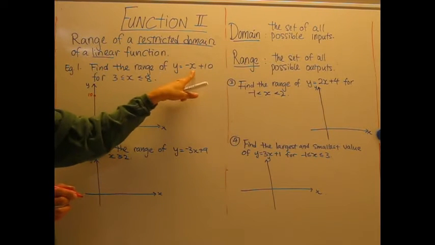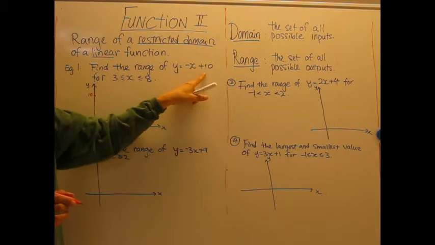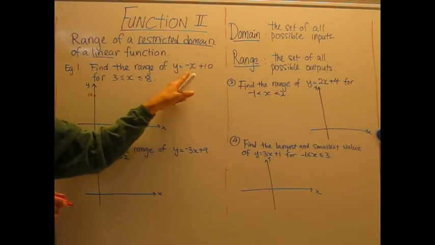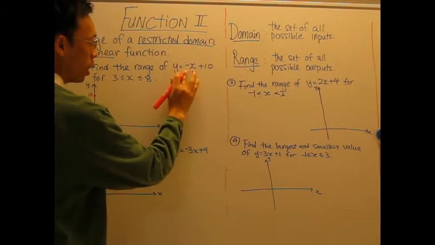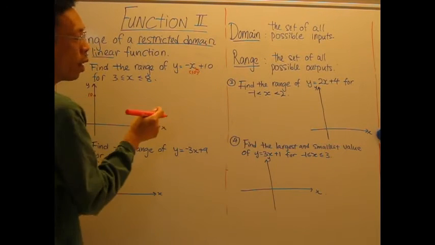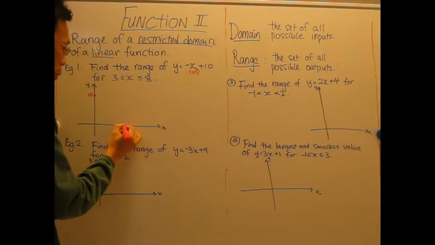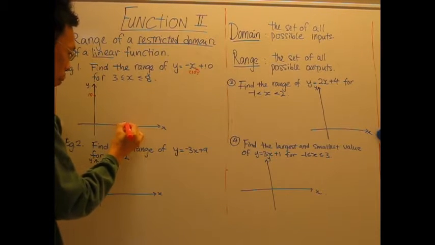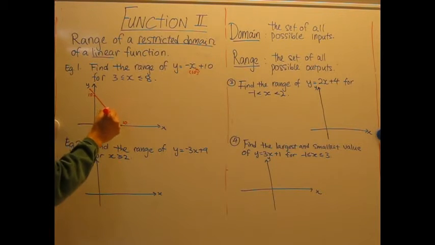So what value of x do I have to put in such that this whole thing becomes 0? Well, I can put in 10, because then the whole thing becomes negative 10 plus 10, which is 0. So I have another point here, 10, and the graph basically is like this. You're just connecting these 2 points.